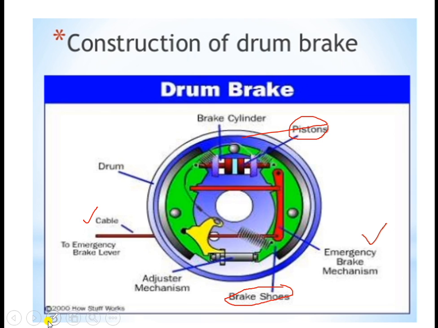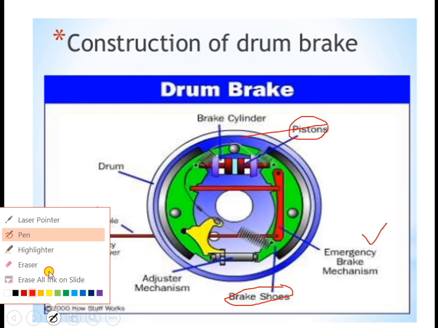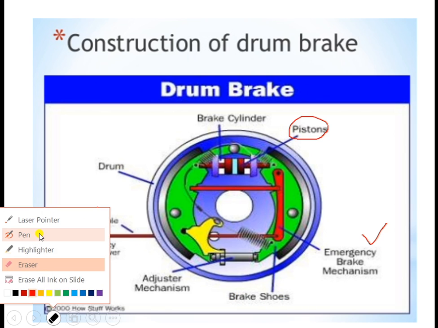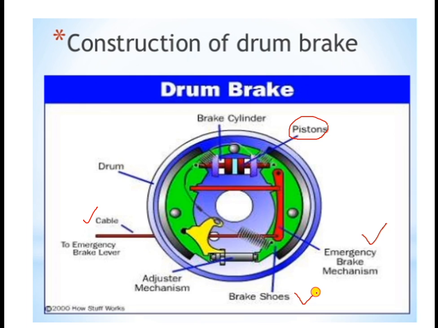Brake shoes, I'm just erasing this part, one minute. Yes, these green parts are the brake shoes, and this is the brake lining. The black material you are observing here, which has not been shown, is the brake lining material.